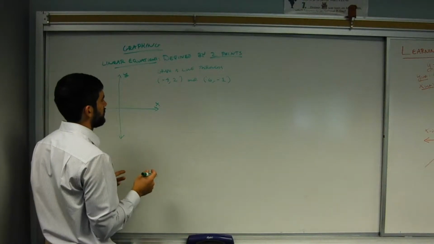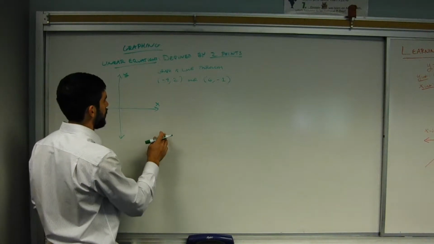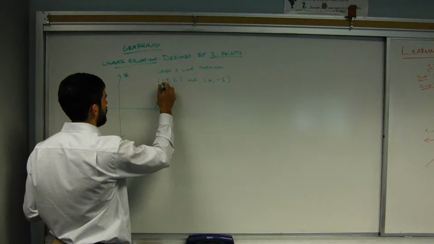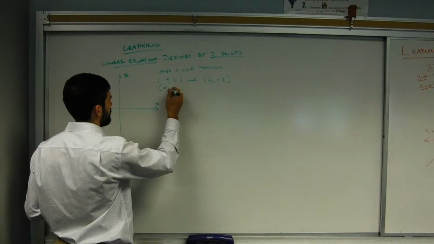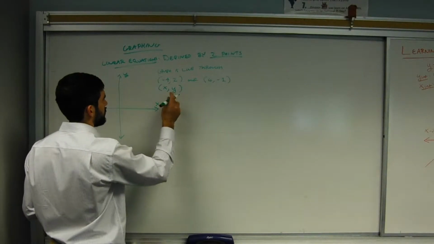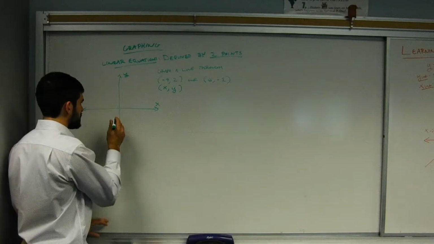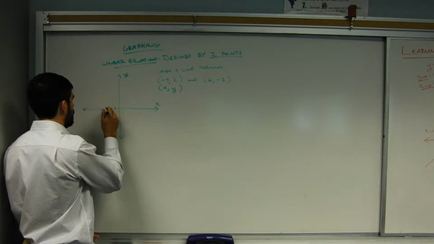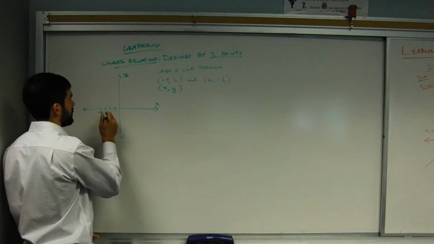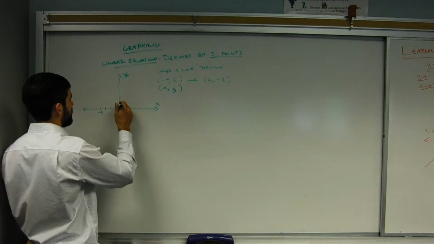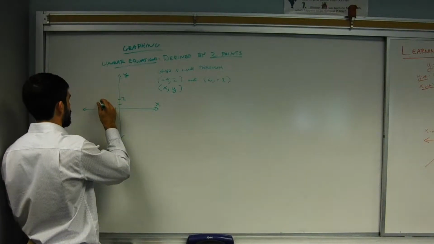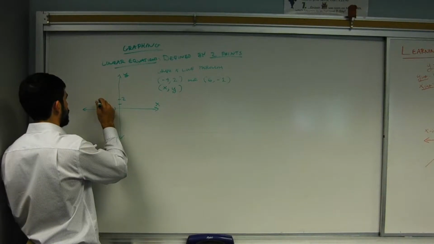Just a refresher on our coordinate point notation: our x coordinate is first and our y coordinate is second. So if x is equal to negative 4, that means we're going to go left 4 units. If our y coordinate is 2, that means we're going to go up 2 units. So our first point would be over here.